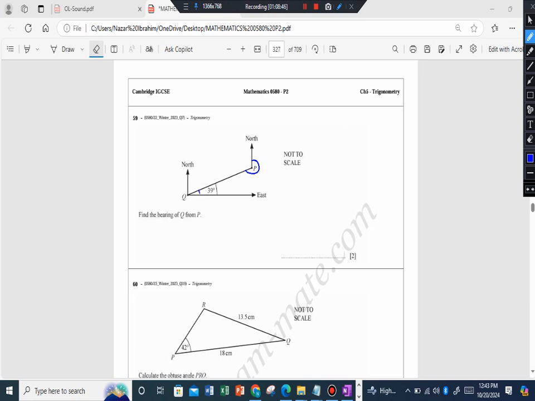So if this is 39, this will be 90 minus 39 because it's perpendicular, so this is 51. Since these are parallel lines, the two angles, Q and P, will sum up to 180. It means supplementary. So 180 minus 51, I will get this angle, that is 129.